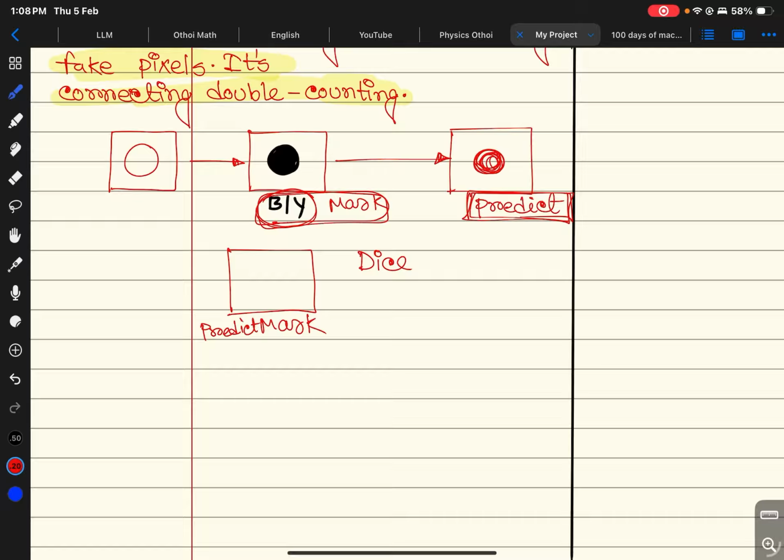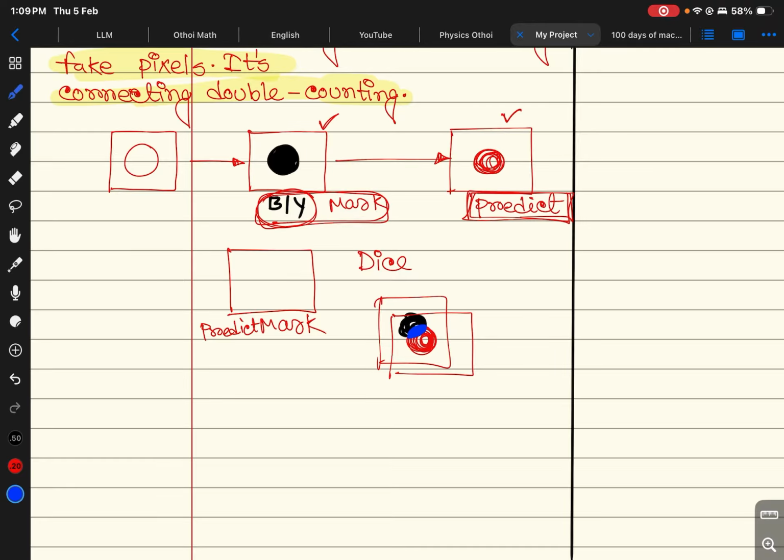So suppose this is my given mask and this is my predicted mask, and it overlaps like this, so the common portion would be in this area.